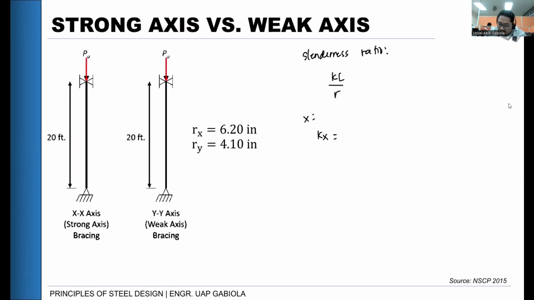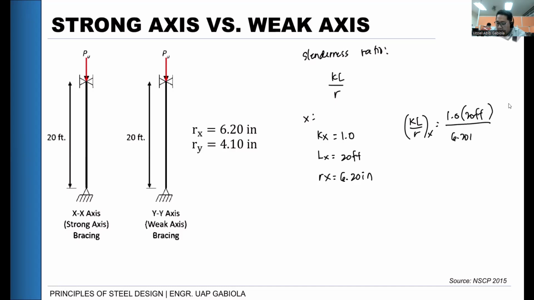So, dahil simple supported lang siya. For Lx, that is 20 feet. And then for Rx, that is 6.20 inch. Okay? Calculating, we have KL over R ng X, that is 1.0, 20 feet over 6.20 inches. Yung feet, kailangan convert natin sa inches din.